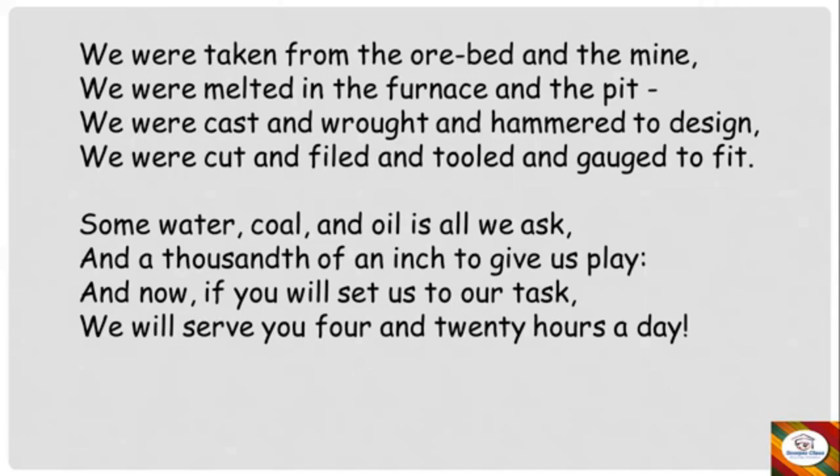Filed is again giving a shape, and tooled again is giving a shape with the help of different screws and metals. And they were gauged to fit, means they were made to fit in particular places. For example, if you take any machine, you see that there are many small parts which fit into it. So each and every part is melted, hammered, cut and filed and made into a proper shape to fit in its place. Okay, so this is the first stanza.